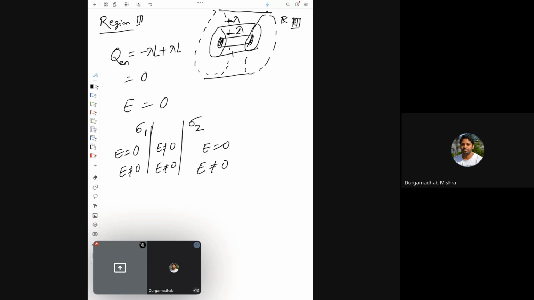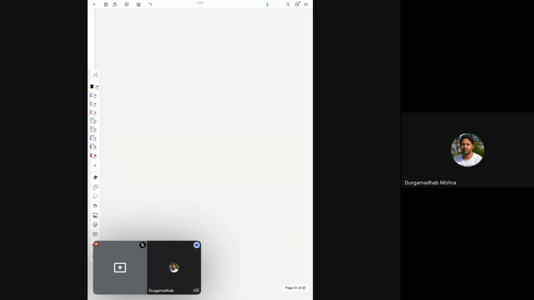Another thing you should be careful about: in the exam it might come that a function, any vector function, let's say I'm writing a vector function F, would be given.